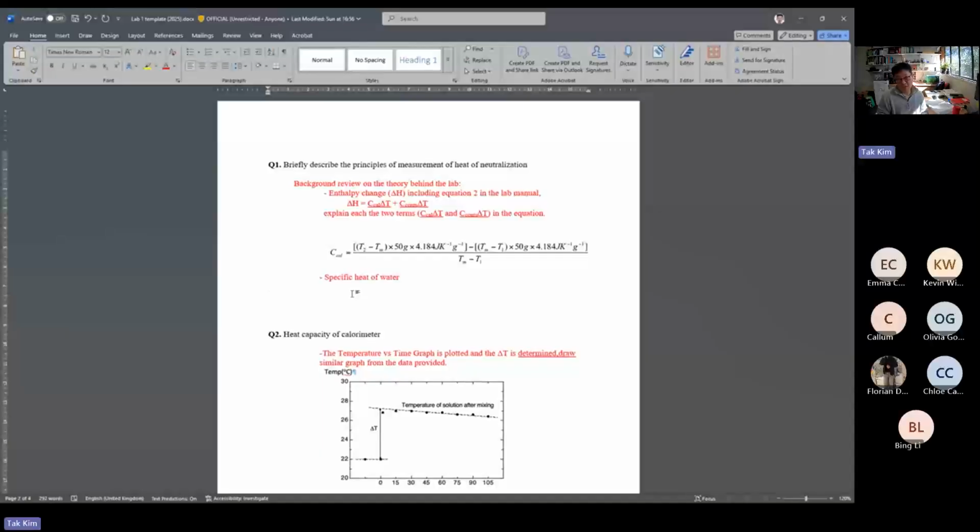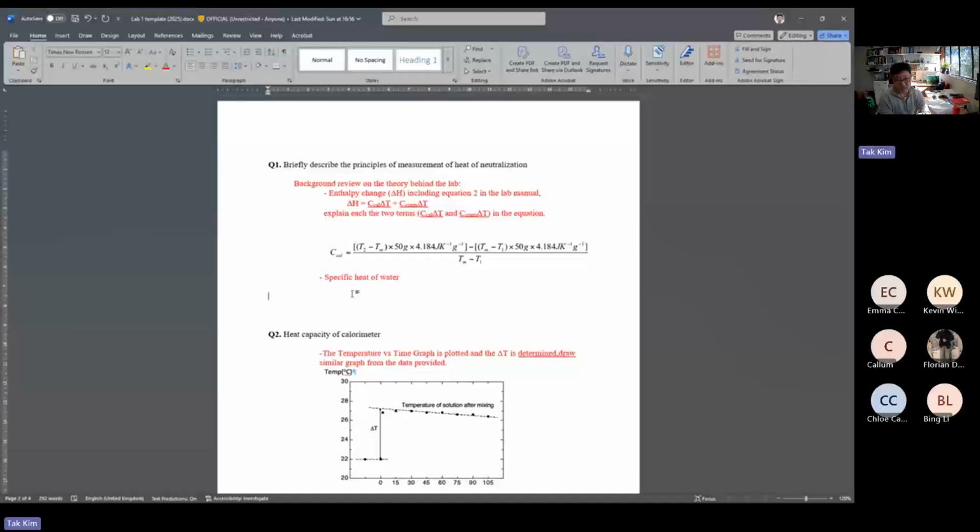Or if it's heat, it is just energy changes in the system. And when I had a look at the lab book, the information we have in the lab is not even comprehensive. So I really don't know what we expect.